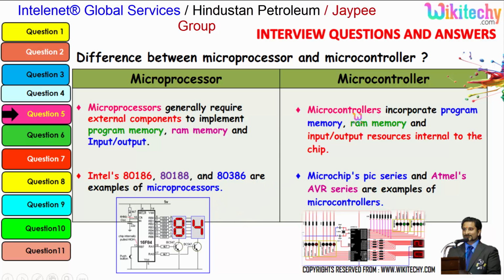Over here, microcontrollers incorporate program memory, RAM memory and input-output resources internal to the chip. The PIC series and Atmel AVR series are typical examples of microcontrollers.